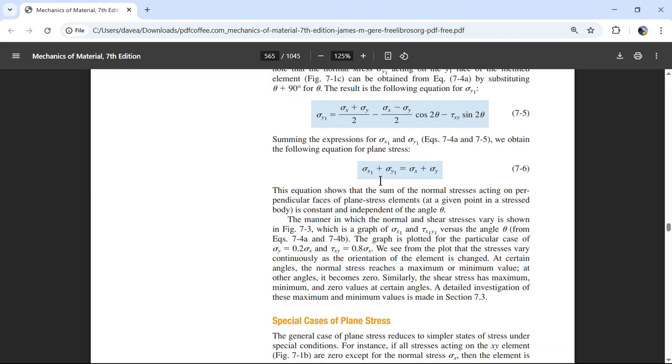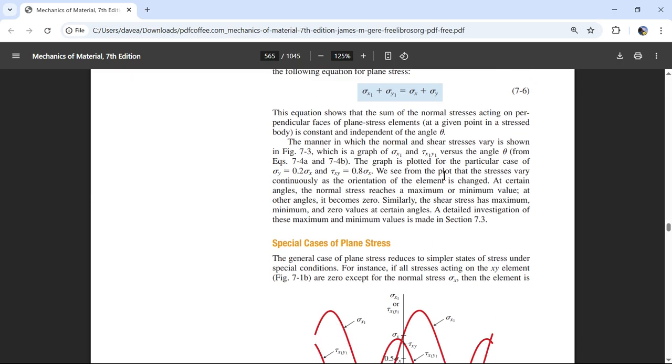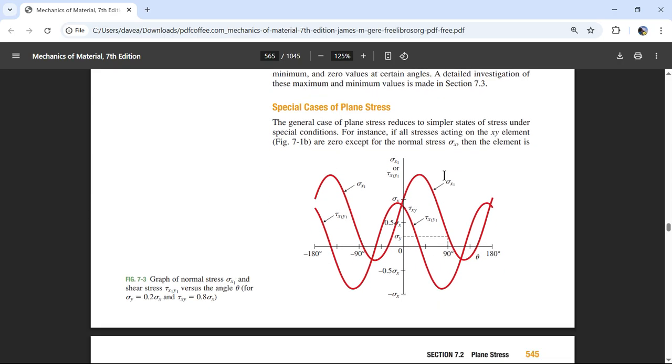It's useful in that you can have checks on reality: when you do something at an angle, the normal stresses at 90 degrees in the x1 and y1 directions are going to add to the same normal stresses that you started out with. All right, so enough said there. It's just maybe useful to have checks on reality.